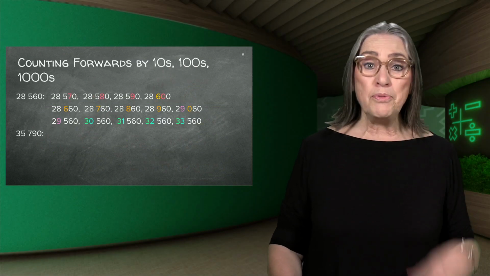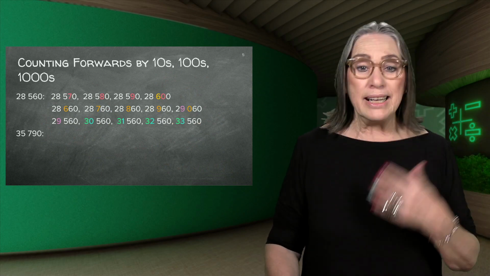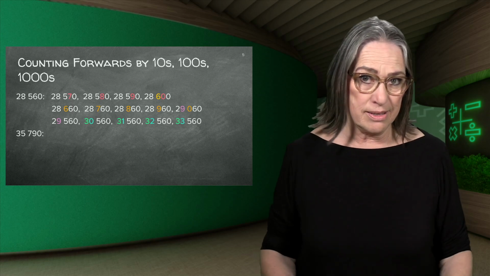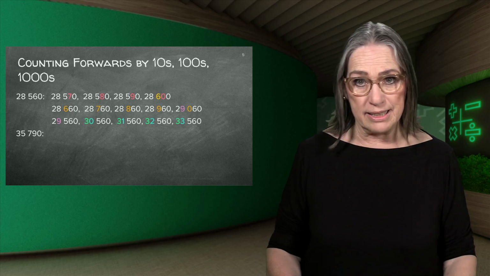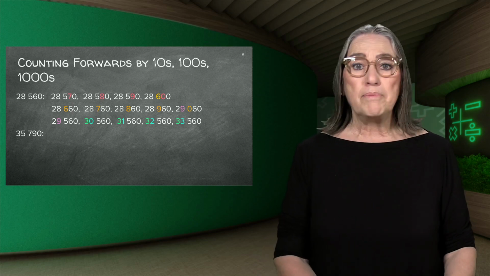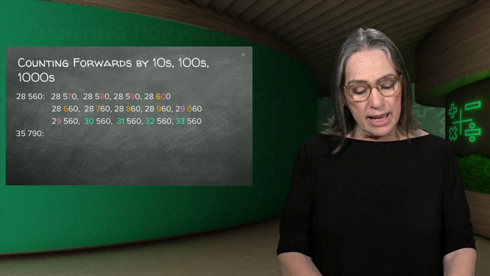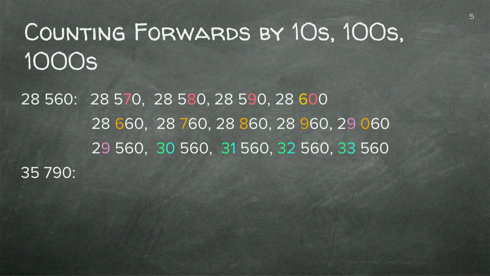Now, if we count forward by tens, hundreds, or thousands, this is just a reminder because I know you've done it in previous lessons. The best is to do examples. Say we do 28,560 and we have to count forward by tens. So we remember, our columns are units or ones, tens, hundreds, thousands, 10,000s, and so on.